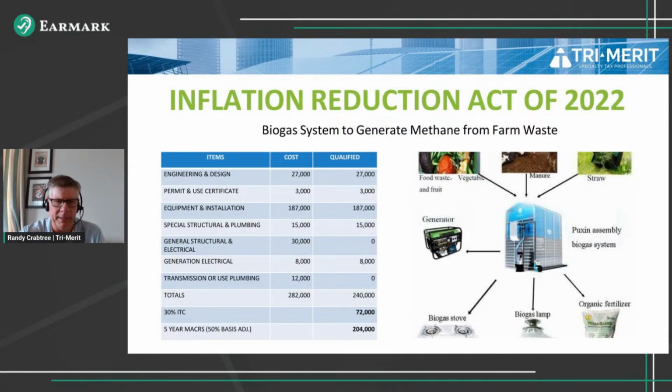You can see the engineering design, the permits, the equipment and installation. So a significant amount, structural for the plumbing, the generation for the electrical, a lot of these costs do become 5-year energy property.